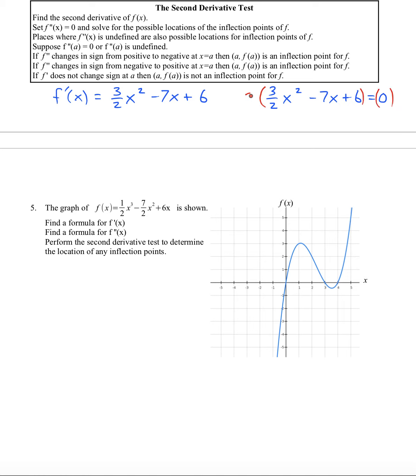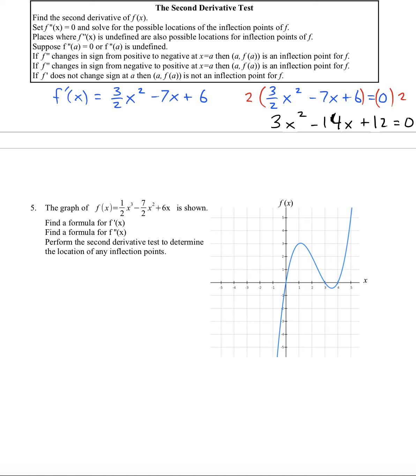So I'm going to multiply both sides of the equation by 2, which is a nice trick for getting rid of that denominator. We'll have 3x squared minus 14x plus 12 equals 0.